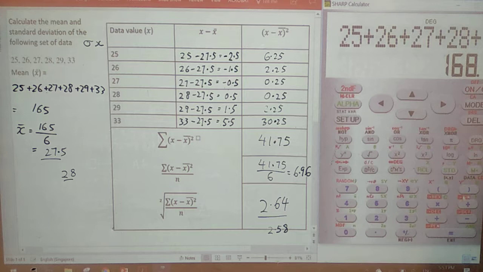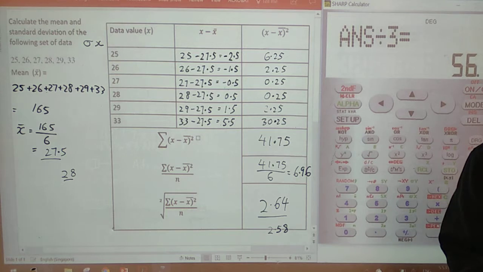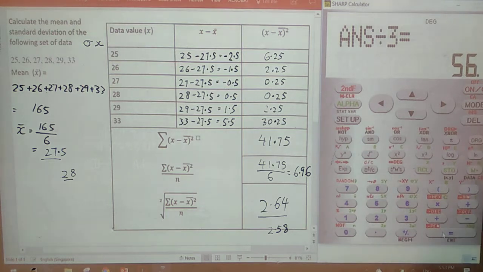So, not a problem. Okay, so when I divide by 3, I would have gotten 56. Not divided by 3. I apologize. Let me just go back a little. Divide by 6. Apologize for that.